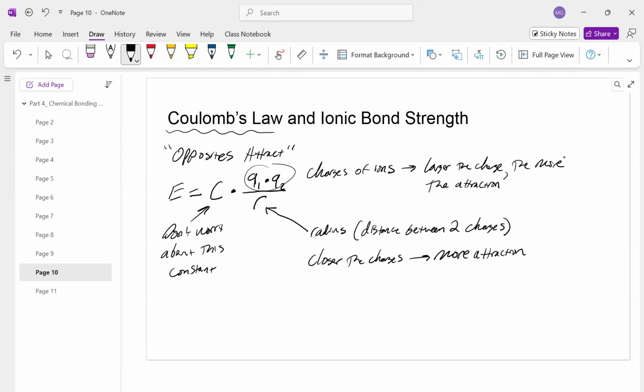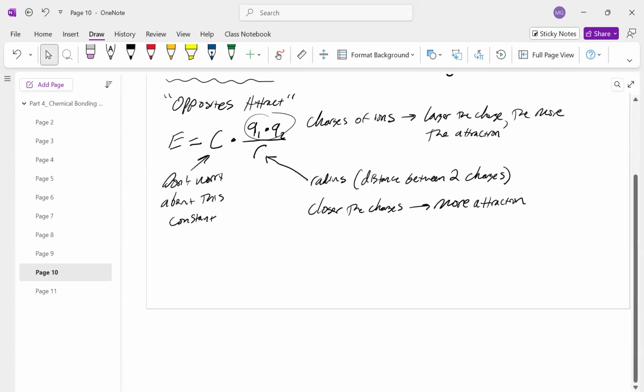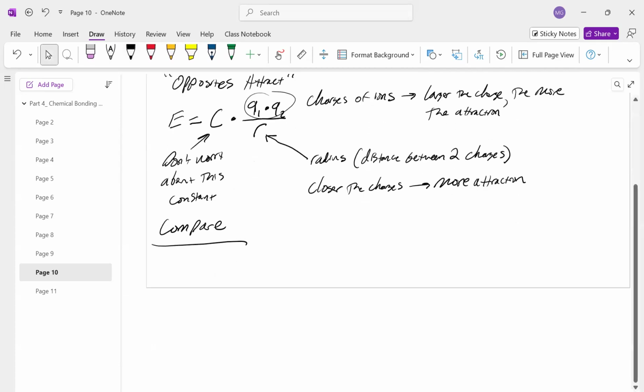Now, again, I'm not going to have you do any calculations yet, down the road probably, but for this unit, all we're going to do is make some comparisons. So let's compare lithium chloride to cesium chloride. And the question is, which one has the stronger bond?